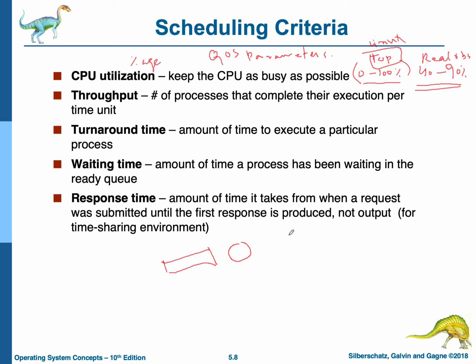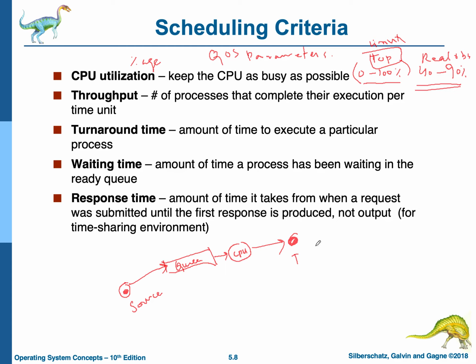Another thing is throughput. Throughput is how many jobs are being completed. This is, let's say, a source, this is the terminator, this is the CPU, and this is the queue. So we see how many jobs are completed per unit of time, right?